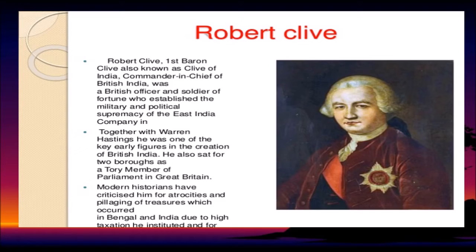As a result of such exploitative practices on high prices, there was a famine in Bengal in 1770, and that killed how many? Nearly 10 million people, one third of Bengal's population. It took the lives of nearly 10 million Bengal people. Understood?